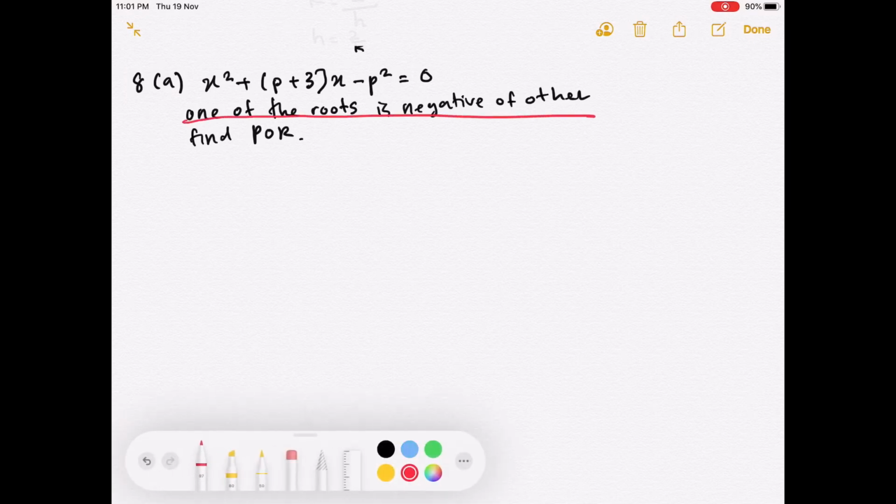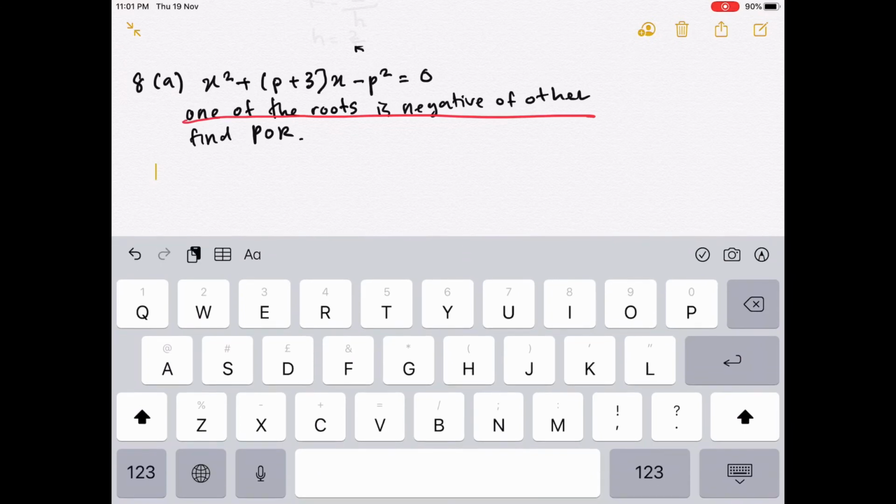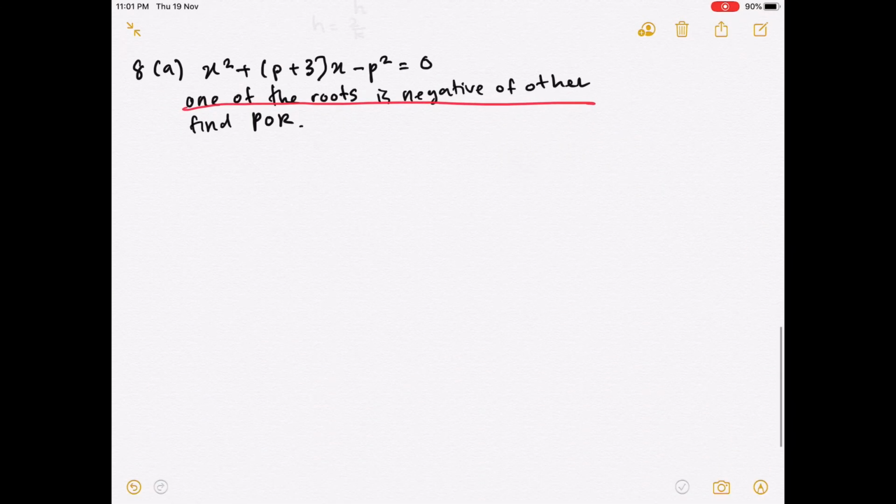Maksudnya, kalau satu roots tu, katakan roots tu 3, satu lagi negatif 3. Kalau roots tu 5, satu tu negatif 5. Kalau roots tu M, satu lagi negatif M. So tu maksud dia negative of other.